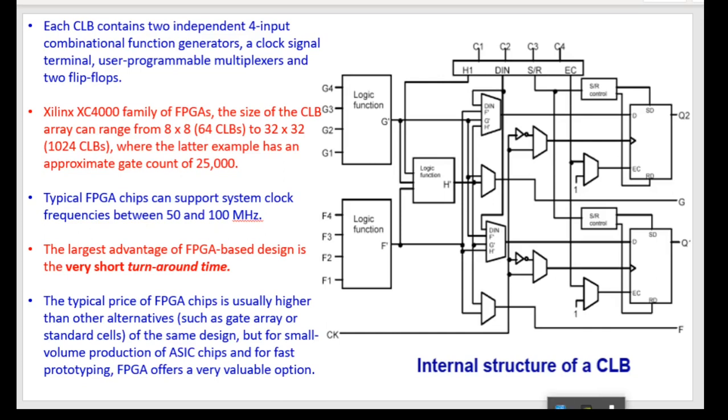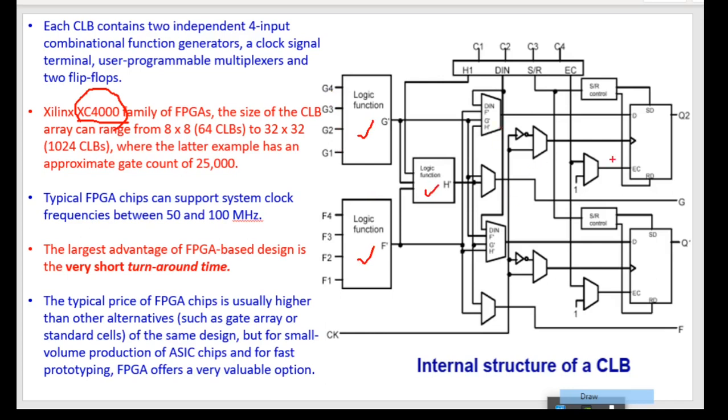So this one is the internal structure of a CLB. Look at this. One CLB will contain this much amount of circuit. I think this is for the XC4000 family of FPGAs. For this, one CLB will contain a 4 input logic function, again a 4 input logic function, and this is a 3 input logic function.